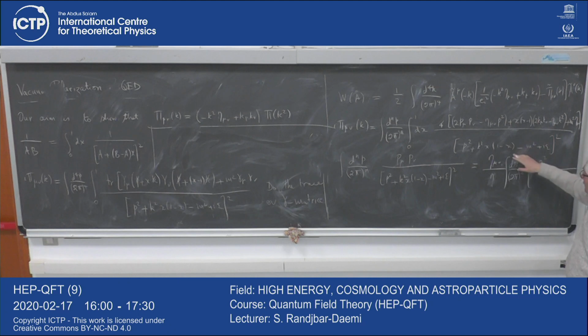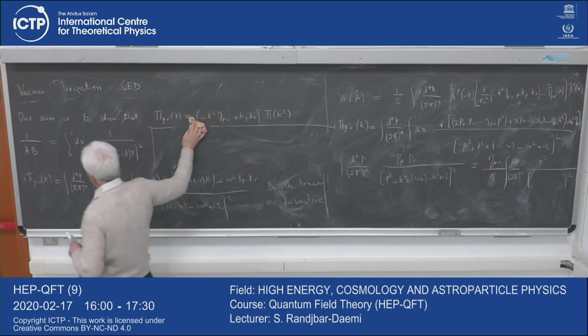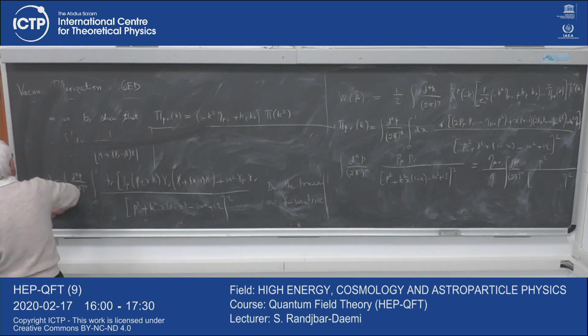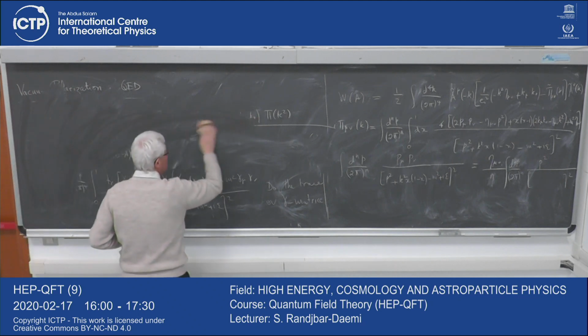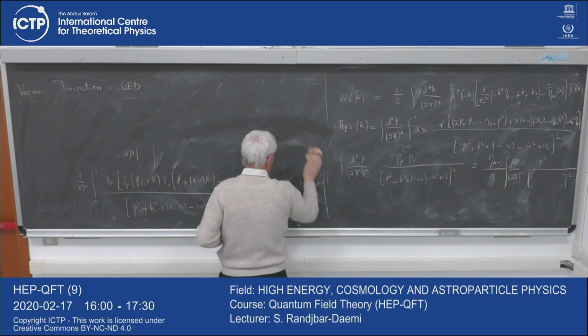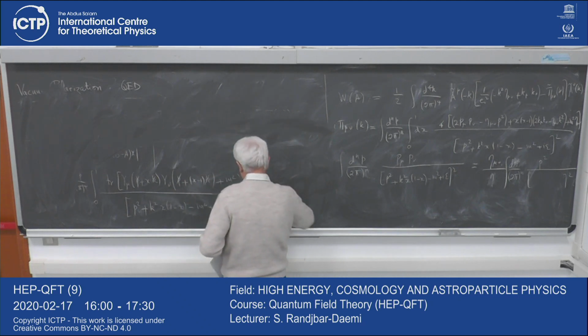Apart from 1 divided by this denominator, which we already evaluated when we were studying the one loop correction to the scalar propagator, we need only two formulas for the n-dimensional integrals, both of which you can obtain from the exercise which I gave you.